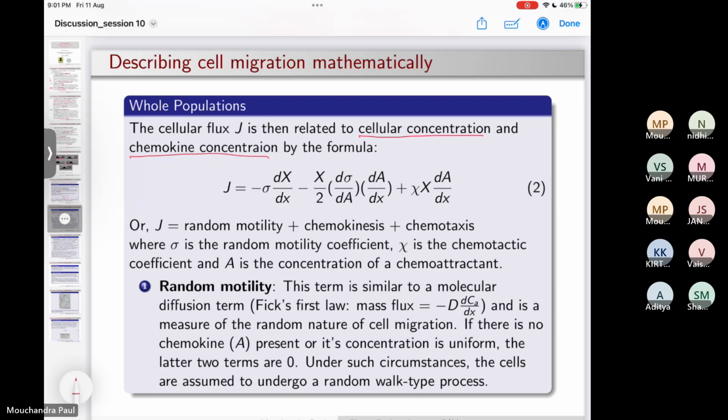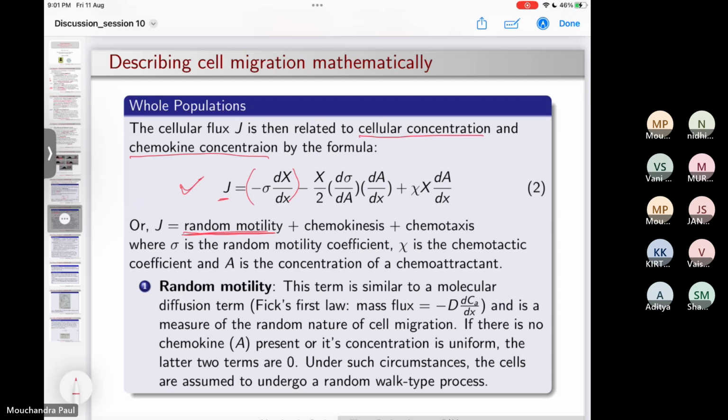As I was saying, the cellular flux J can be related to cellular concentration and chemokine concentration using this particular equation. J is equal to minus sigma dx by dx. This term is called random motility. Random motility is used to describe that the cell is showing a random walk kind of behavior. It is moving anywhere it wants.